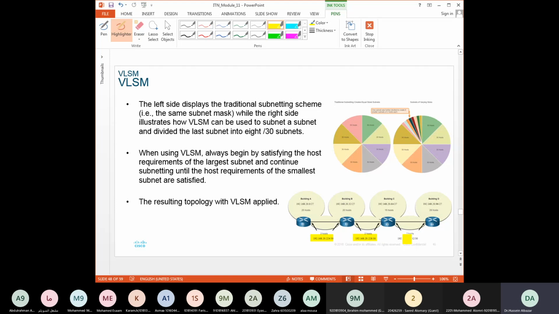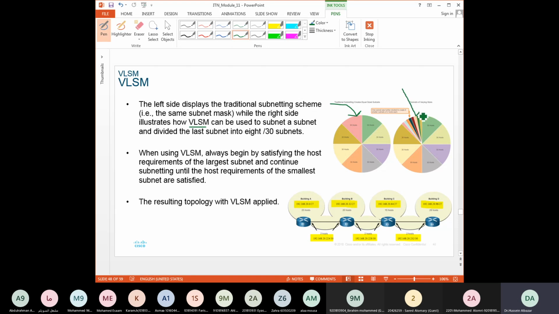So we can use the prefix /30 for the 2 hosts, and we can keep the /27 prefix for the larger networks. The left side of this diagram displays the traditional subnetting scheme, equally sized subnets, while the right side illustrates how variable length subnets can be used.